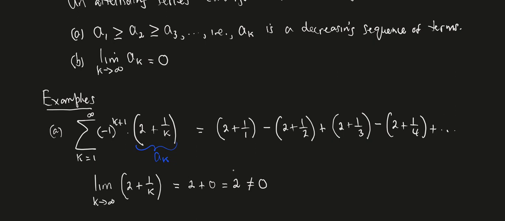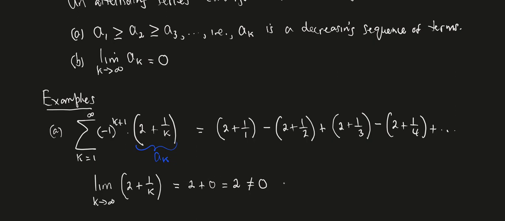In fact, we can look at it and see that what's in parentheses is not decreasing. No, actually, I'm sorry, it is decreasing, because this is 2 1/2, this is 2 1/3, this is 2 1/4. So yes, what's in the parentheses is decreasing, but it does not approach 0.